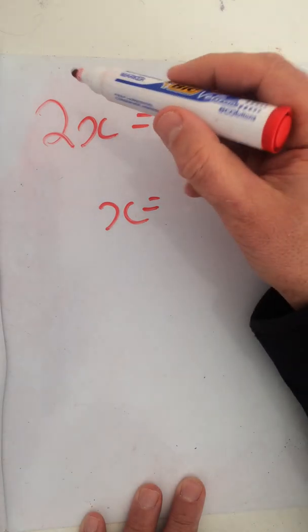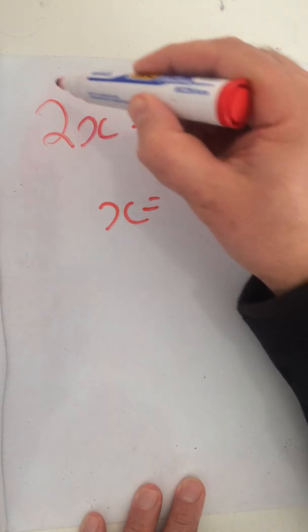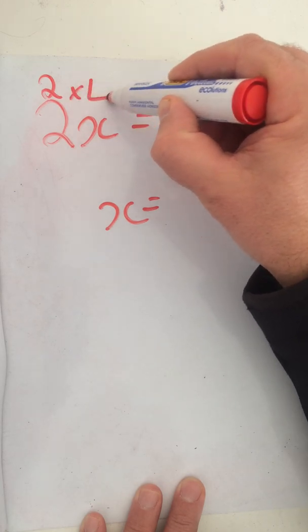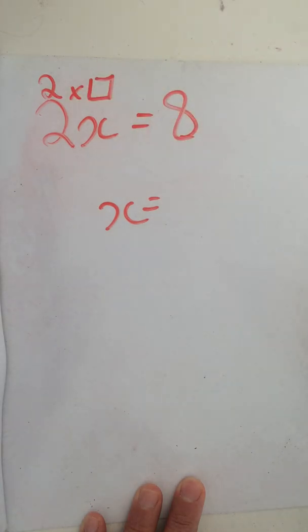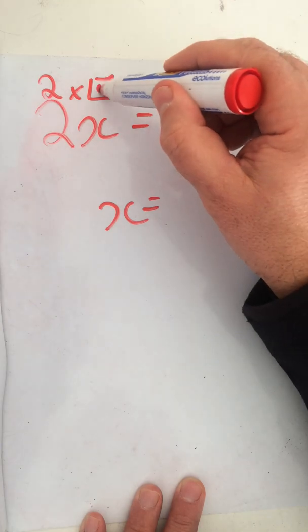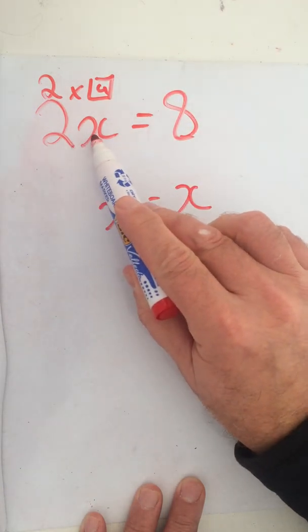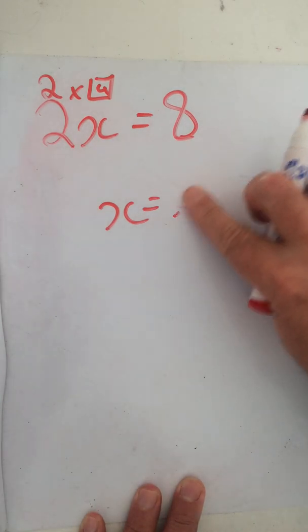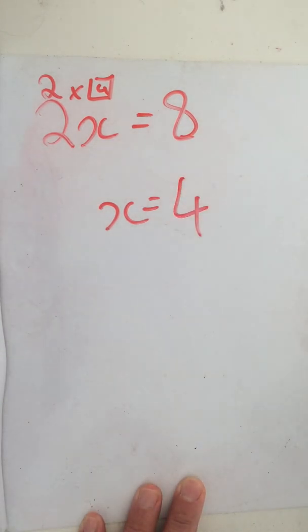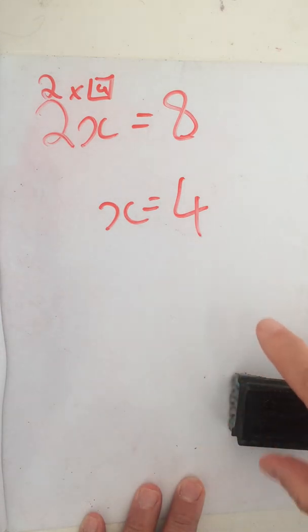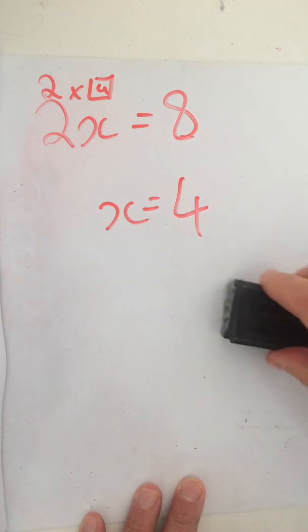Remember, this is the invisible times sign, so it's the same as 2 times something. 2 times something is 8, and that something would be 4. So x would be 4, since 2 times 4 is 8. So x is equal to 4 in that case. So we've solved the equation.